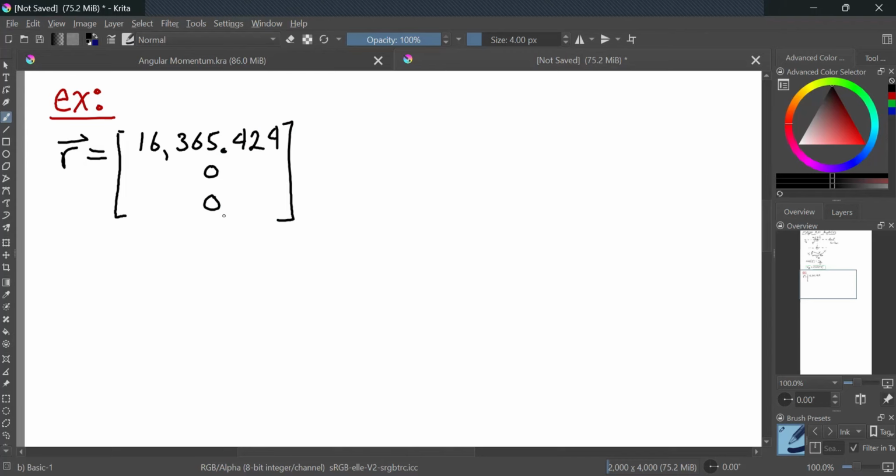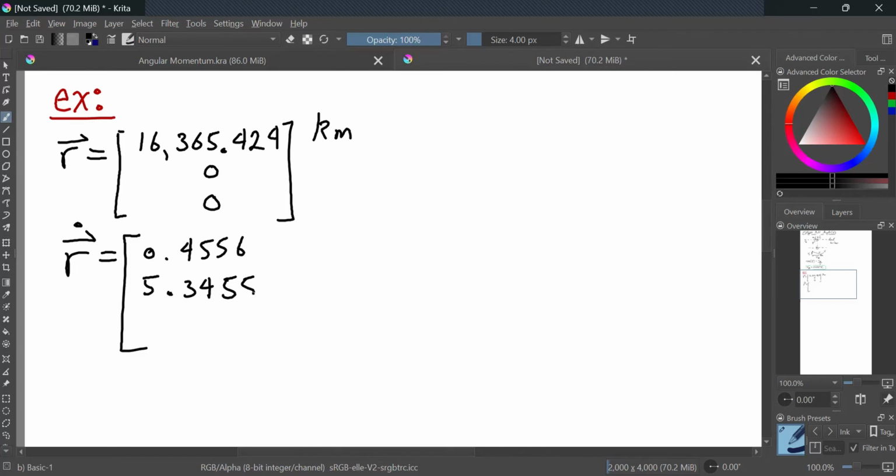If they're not, change the angle that you're measuring at. It's honestly easier to do it that way. Kilometers. And our velocity is 0.4556, 5.3455, and 0 kilometers per second.